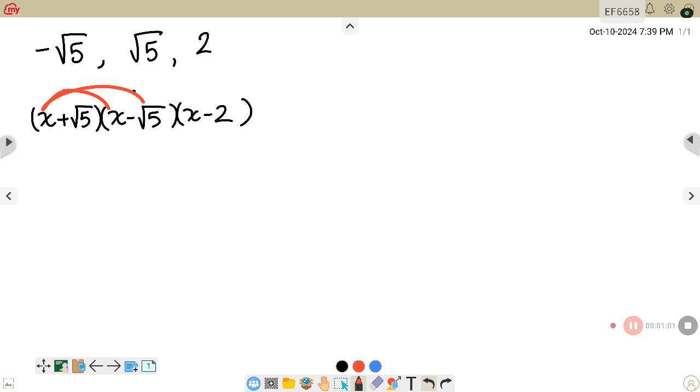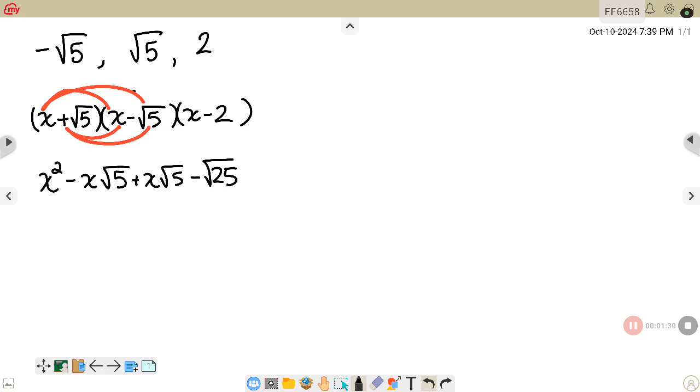So my first, x times x, gives me x squared. My outside, I've got x times negative square root of 5, which gives me negative x square root of 5. My inner is the opposite of that, positive x square root of 5. And then my last, positive square root of 5 times negative square root of 5 gives me negative square root of 25.